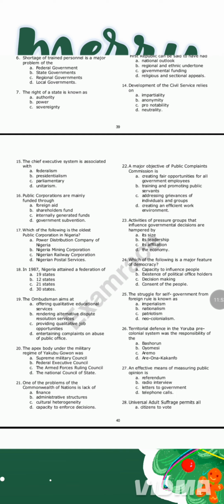You can report any government official that has violated or neglected his or her duty, so that they can address the issue. So the answer to number 19 is, the ombudsman aims at entertaining complaints on abuse of public office, that is government offices.